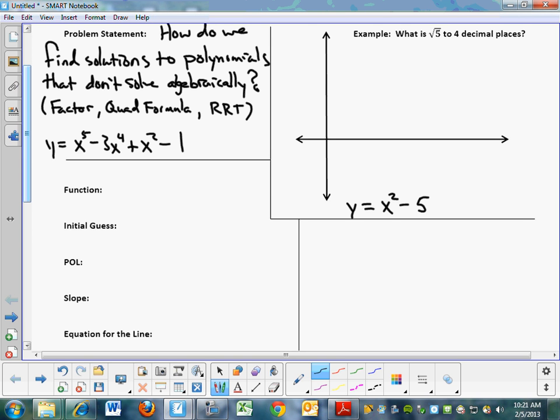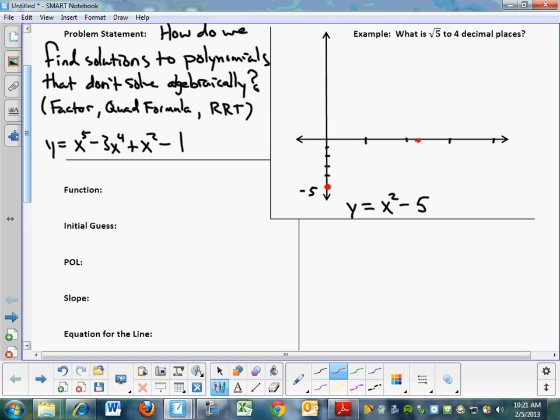I'm going to draw that graph, but I'm going to exaggerate the x-axis a little bit. 1, 2, 3, 4, 5. So this graph starts here at negative 5 on the y-axis, and it comes up and it crosses at the square root of 5. What two integers does the square root of 5 fall between? 2 and 3.